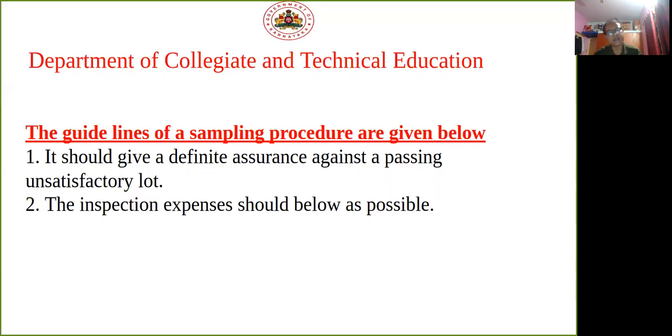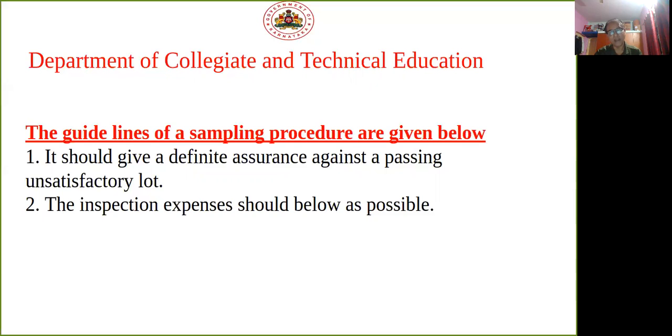Unsatisfactory lot means the lot that has been rejected. Before rejecting a lot, I have an example for you. Say a machine in mass production gives 100 items per hour. Out of the 100 items, I have selected 5 items, and all 5 are bad. Then the consumer is going to reject the lot, because the 5 items selected for inspection are bad. But who knows?